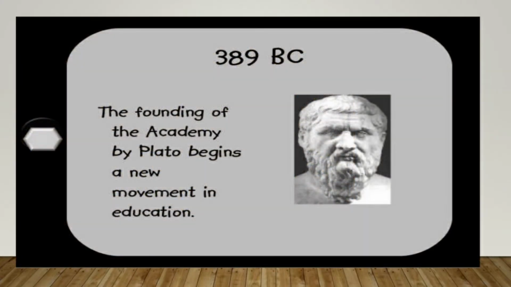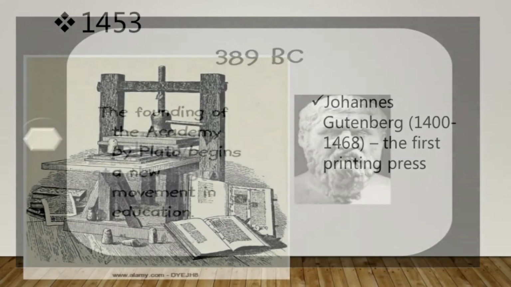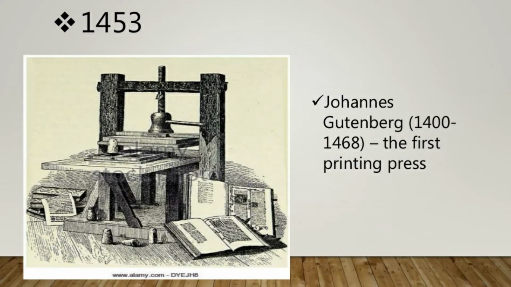And in 389 BC, the founding of the Academy by Plato begins a new movement in education. And in 1453, Johannes Gutenberg was able to invent the first printing press.